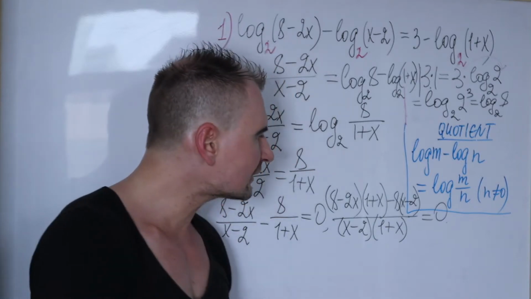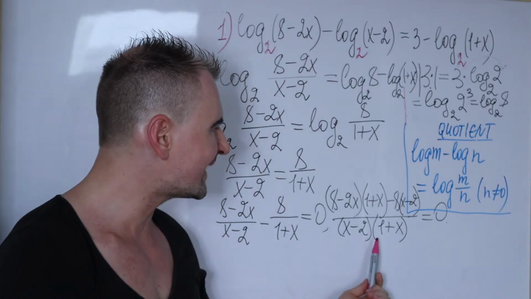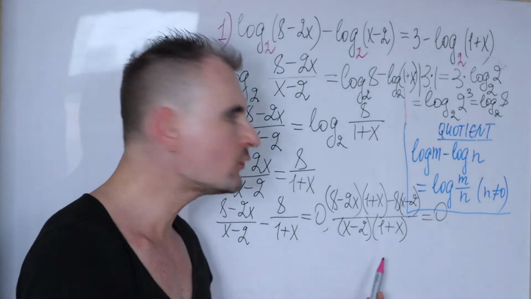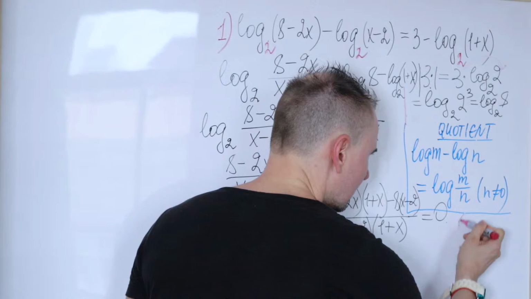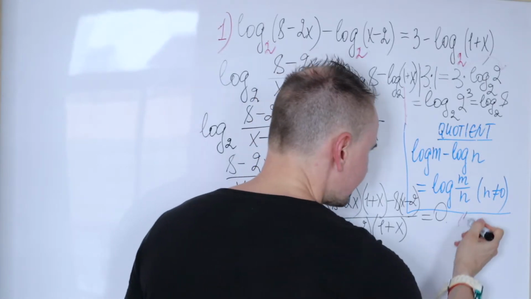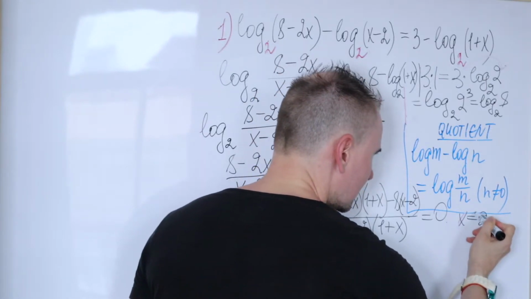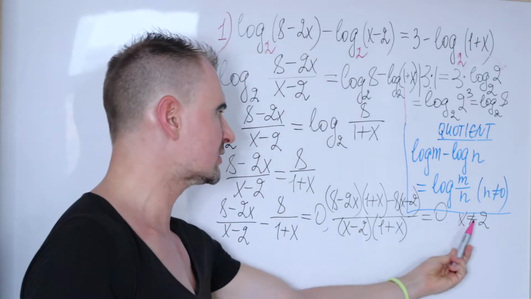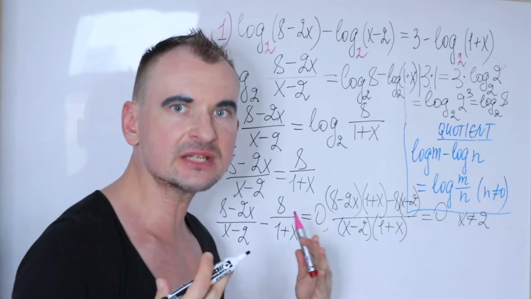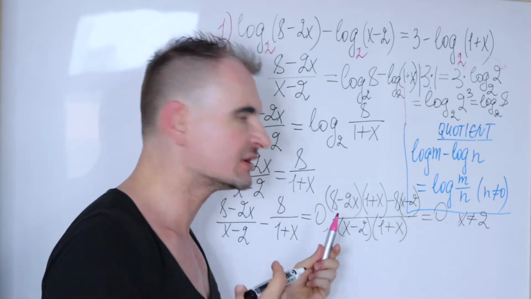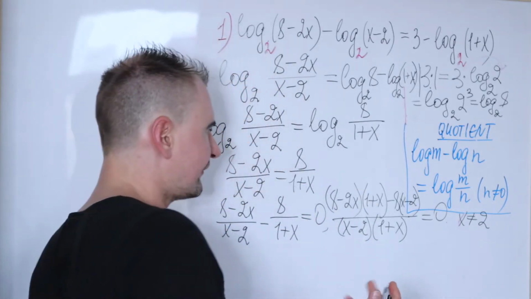Now at this point I'm going to drop off the denominator, assuming that my x is not equal to 2. So x cannot be equal to 2, since that would make your denominator equal to 0 and your fraction becomes undefined.